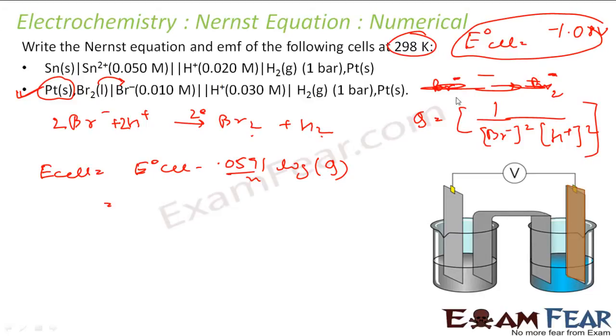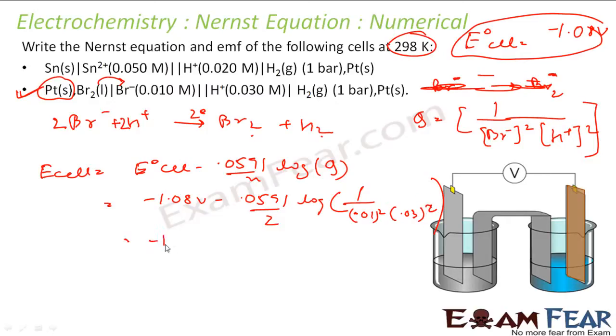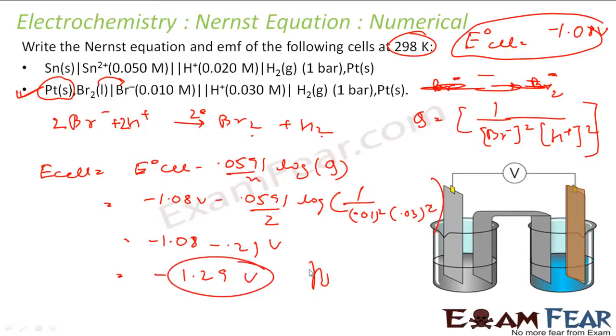This value is minus 1.08 volt minus 0.0591 by 2, because n is 2 electrons, and log of Q is 1 by concentration of Br minus square, that is 0.01 square, and concentration of H plus square, that is 0.03 square. Right? Solve this. Minus 1.08 minus 0.21 is nothing but minus 1.29 volt, and that is my answer. You can solve it on your own. If you have doubt, then you can just watch this video.